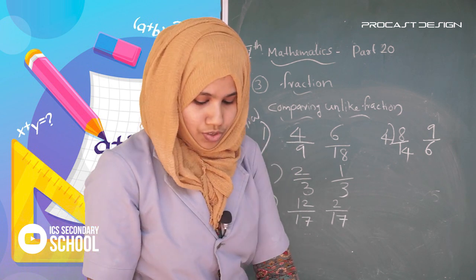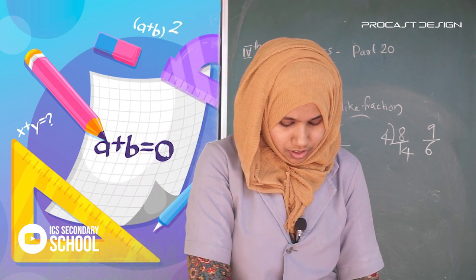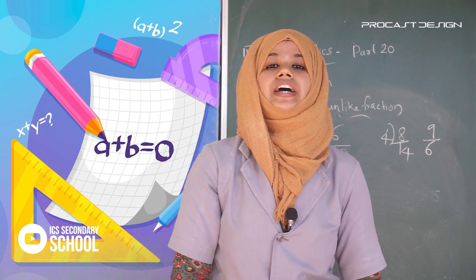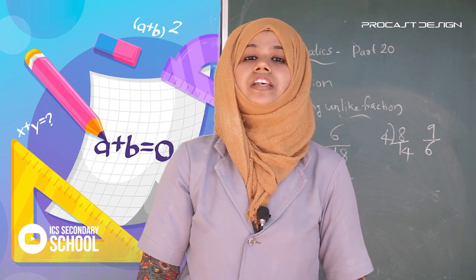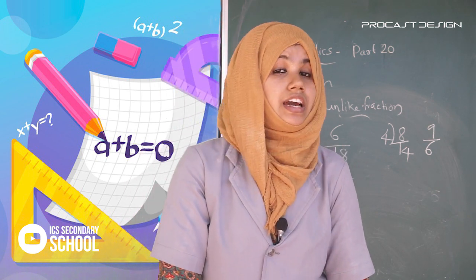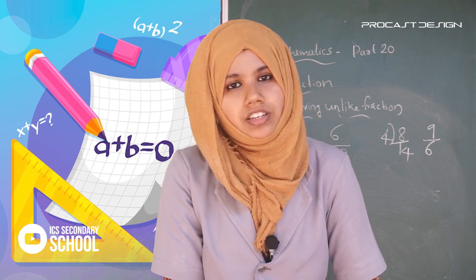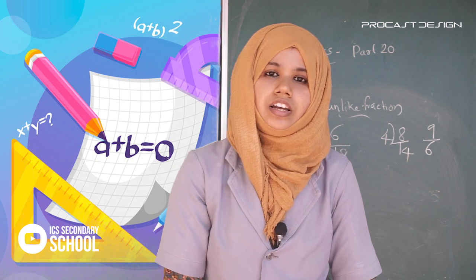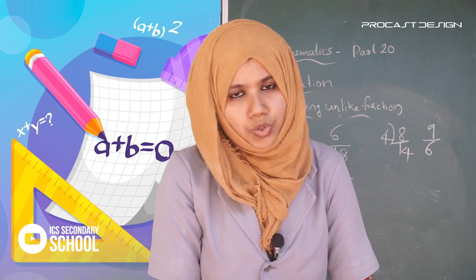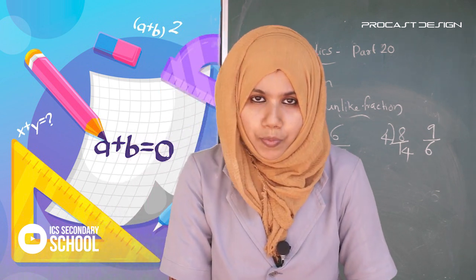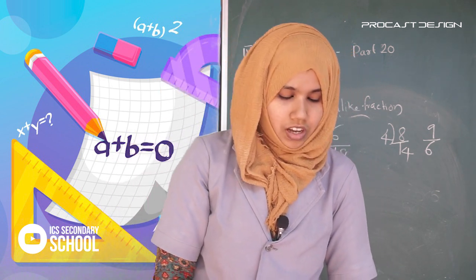So this is about today's class. Today we learned about fractions. Fraction means a whole divided into equal parts. Then we learned about parts of a collection. To find the half of a number, divide it by 2. To find 1/3, divide the number by 3, like that.